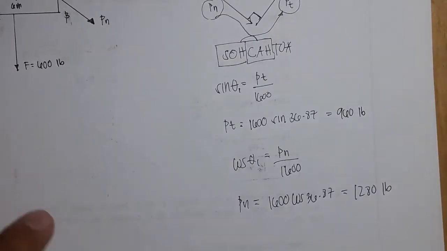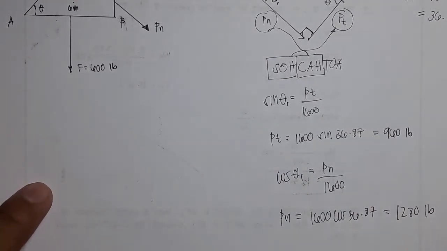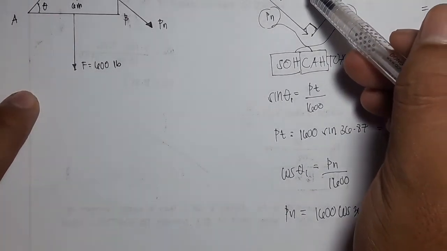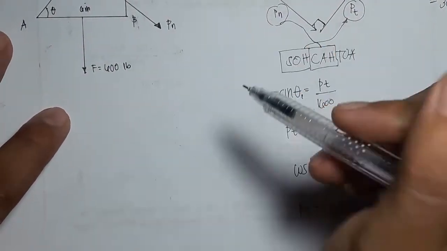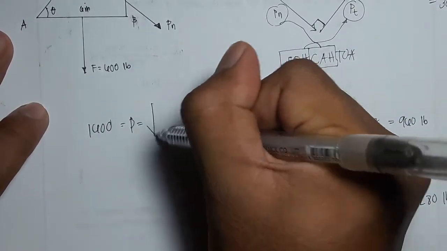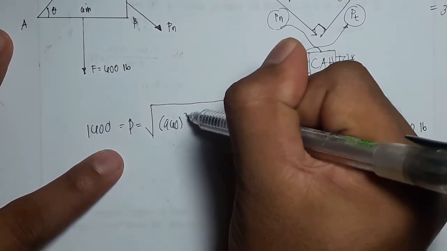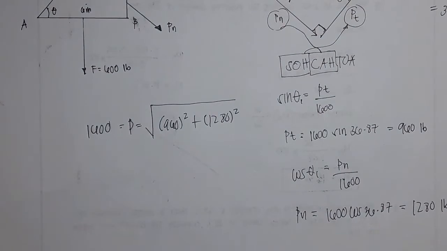So again, if you want to check if your values are correct, you can always use the Pythagorean theorem, because as you can see, the resultant here is just equal to the hypotenuse of the right triangle. So P should be equal to 1,600. So it should be the square root of 960 squared plus 1,280 squared.